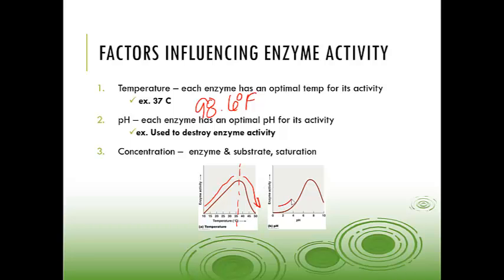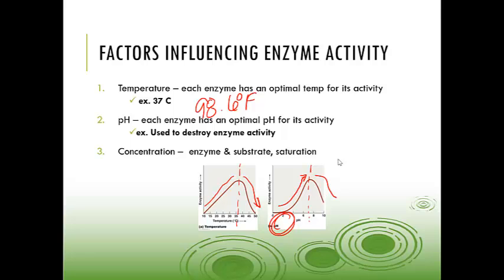The same applies to pH. You see that it works at a good rate, gets to an optimal pH of about 7, and then it begins to decrease. Now there are exceptions for pH especially, like in the stomach, where acid acts on the enzyme pepsin.